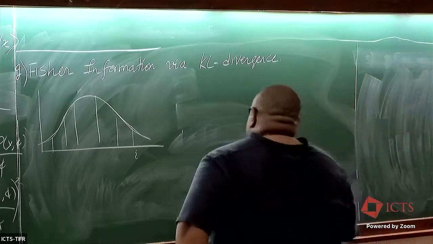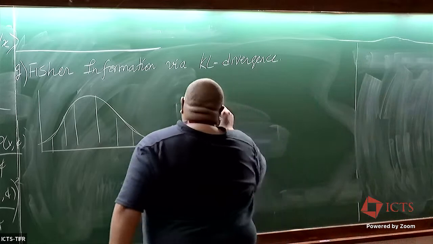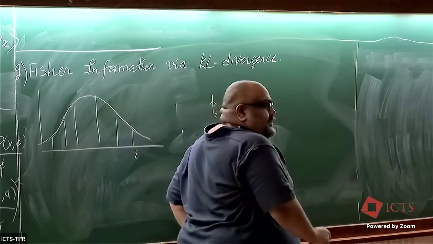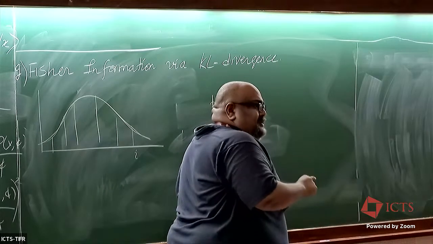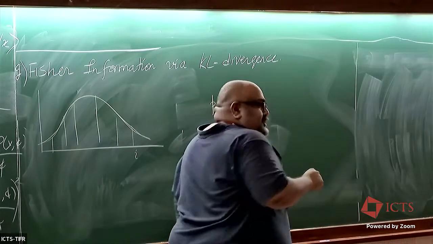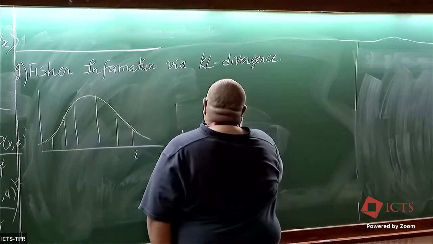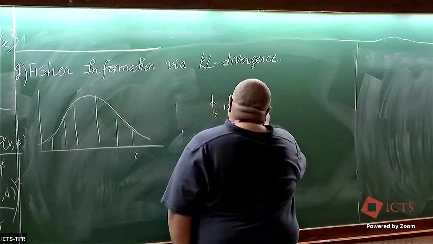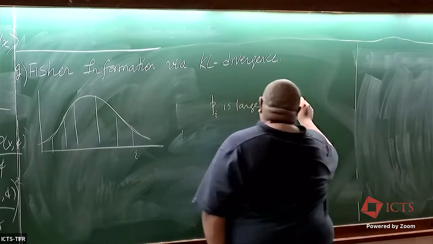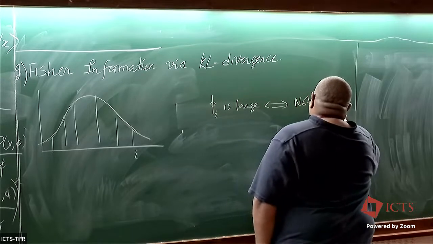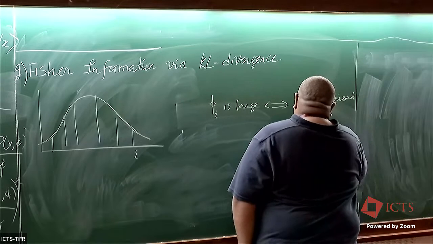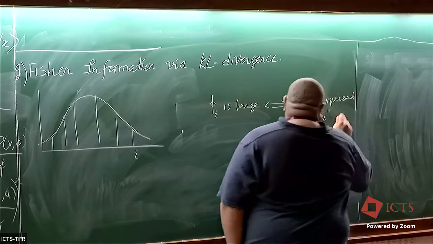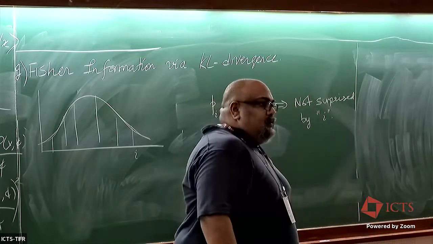So if the probability of outcome p_i is very large, I'm not surprised by seeing the outcome i in my string, right?